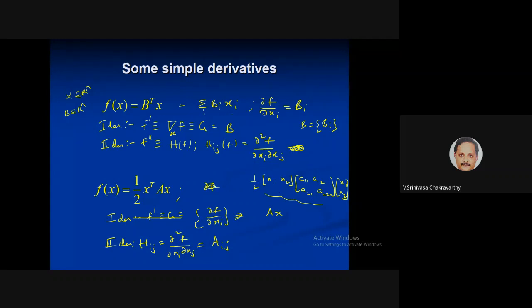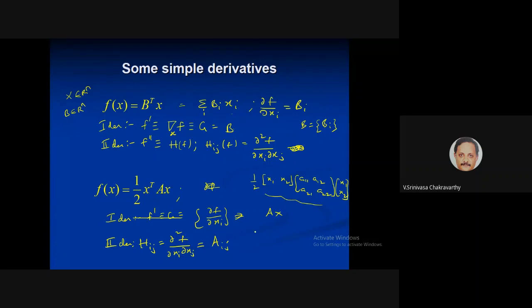We'll see that. So now, if you take the quadratic form, what is the first derivative, what is the second derivative? Let us take the quadratic form as half of x transpose Ax. Now, x is an n-dimensional vector, A is an n by n matrix.